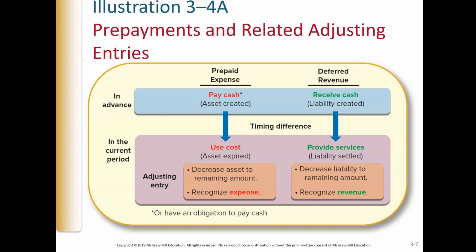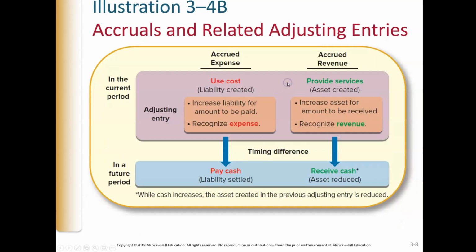We have deferred revenue, and we know we're going to have to make an adjusting entry because we might have provided some of that service. We also have something called accrued expenses. This just means we have an expense that we need to recognize, but we haven't paid for it yet. The same with accrued revenue. We provided a service that we haven't received the cash for yet.